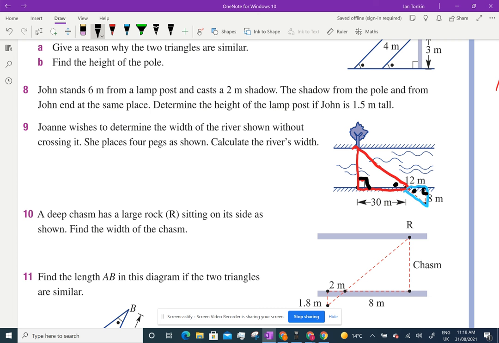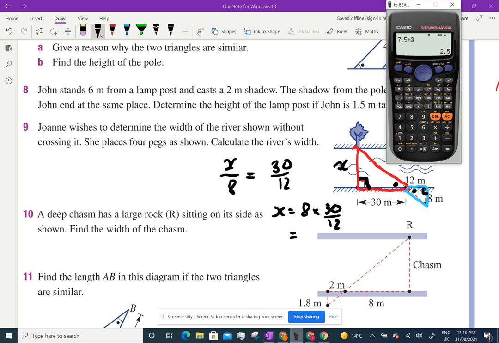And then you go, x is going to correspond to the 8. x on 8 equals 30 on 12. So x equals 8 times 30 on 12. And I get 20. And I'm looking at question 9, 20.